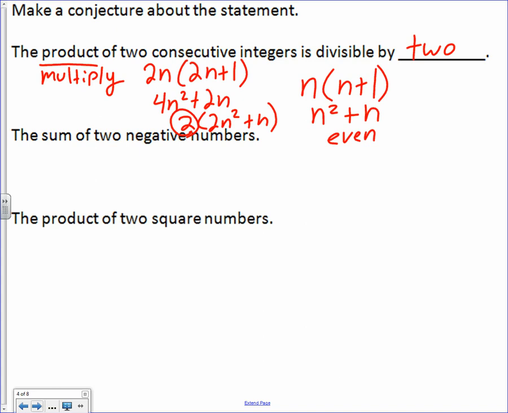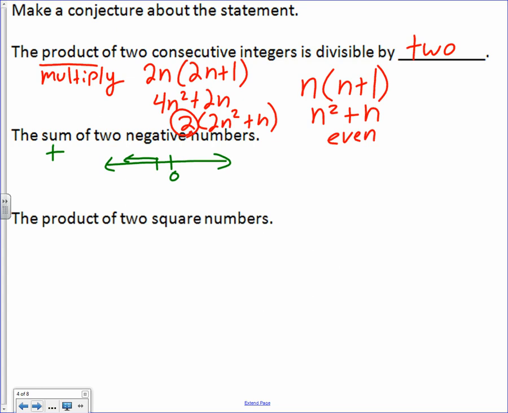All right, the second one here, the sum of two negative numbers. So if you take a negative number and you add another negative, sum is add. Let's take a look at our number line here. Say we have 0 and we're starting with some negative number and we're going to add another negative number.